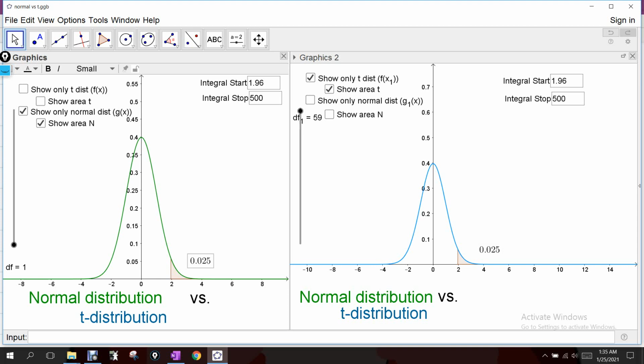Those are some relationships that are very useful to understand as we progress through the t-distribution, sometimes called the student's distribution.